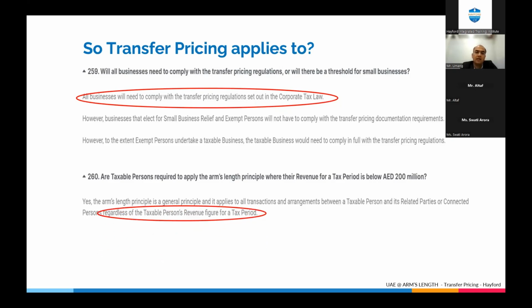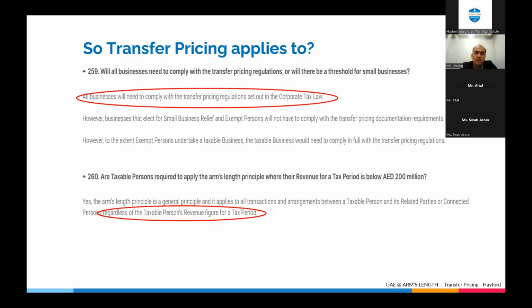Again, the second question, question number 260, says, regardless of the taxable person's revenue figure for a tax period, the arm's length principle would nonetheless apply. This is a very specific question in the updated version of the FAQs, which was released somewhere around the beginning of September. Are taxable persons required to apply the arm's length principle where the revenue of the tax period is below 200 million?